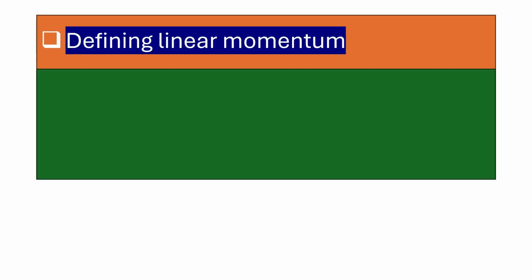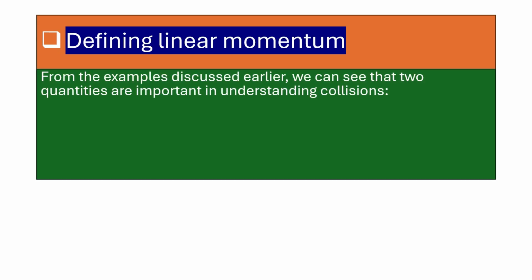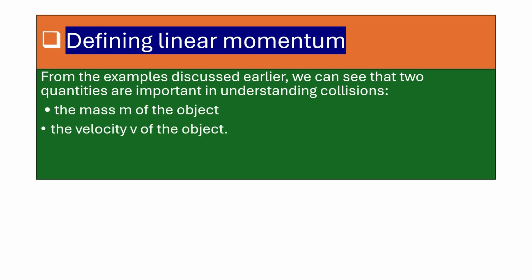Now in all this, from the previous slide, we need to understand first what exactly momentum is, defining the linear momentum. From the examples which I've discussed in the previous one, we can see that two quantities are important in understanding collisions. One is the mass m of the object and the second is the velocity of the object.